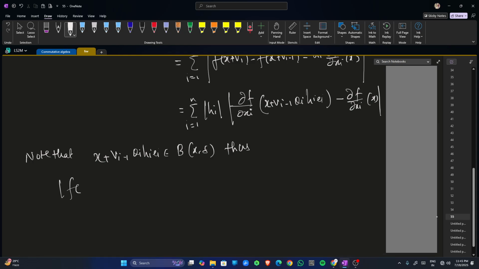Thus, f of x plus h minus f of x minus A h is bounded by the summation from i equal to 1 to n of h_i times epsilon by n. And now take the maxima.